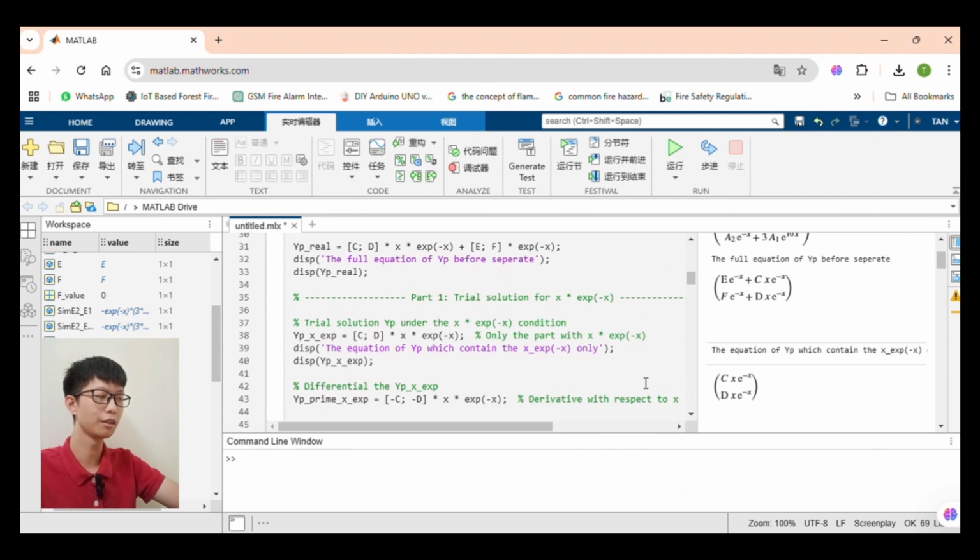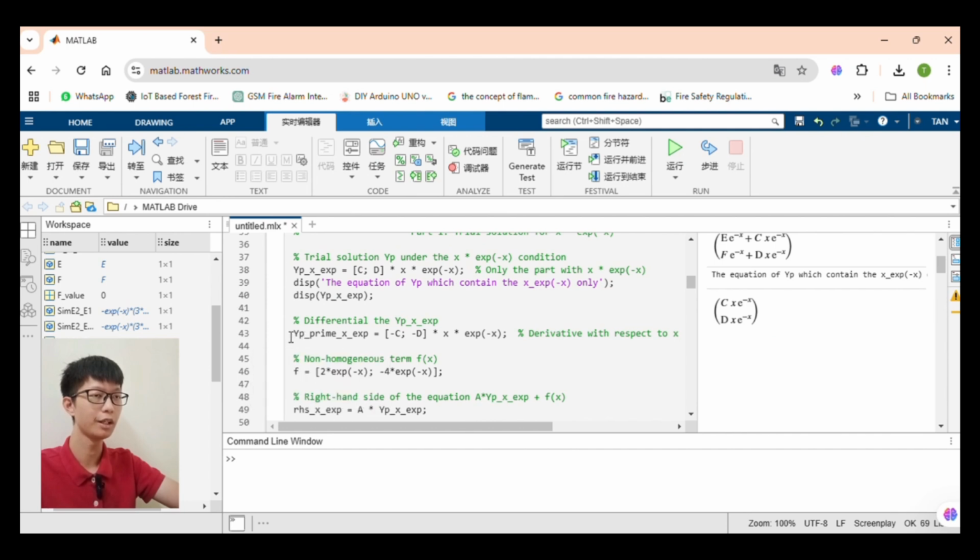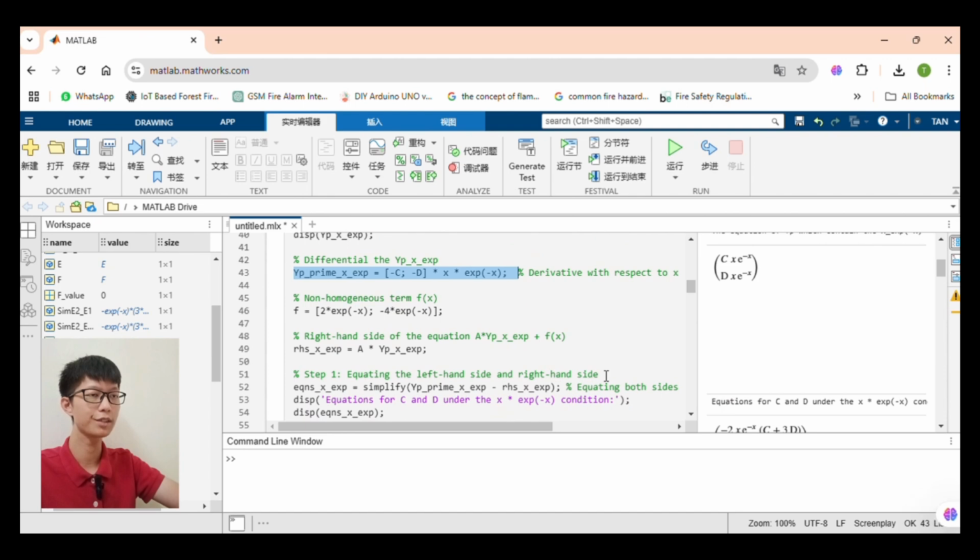Part 1 can be used to solve C and D by differentiating the YP that contains x times exponent of -x, and then substituting into the equation YP prime equals A times YP plus G. But G only contains exponent of -x, so here I didn't include it in the calculation.